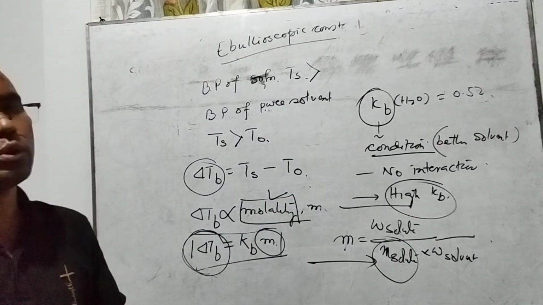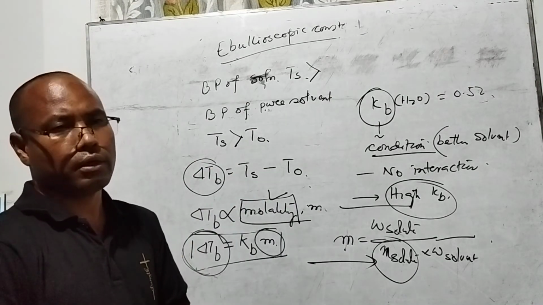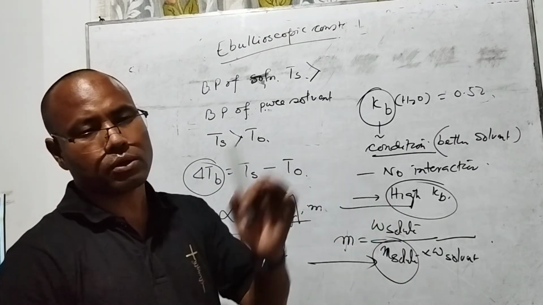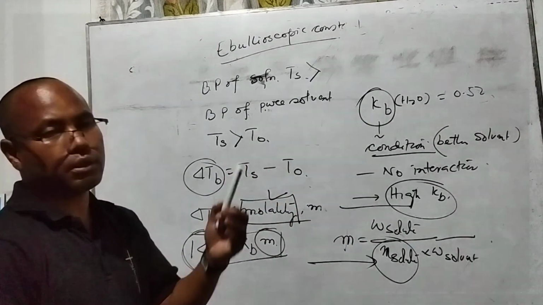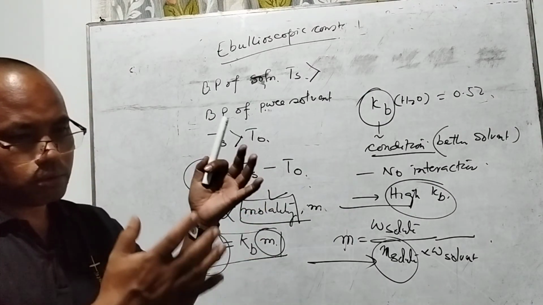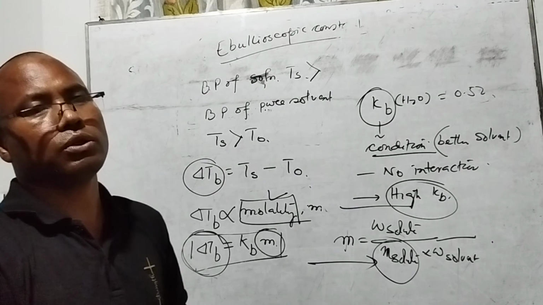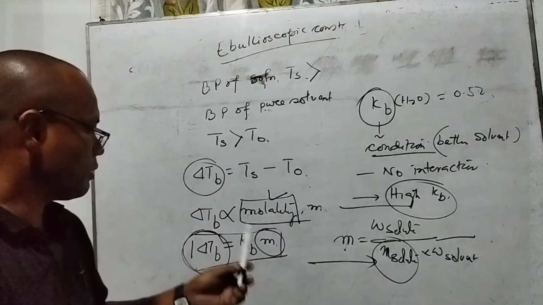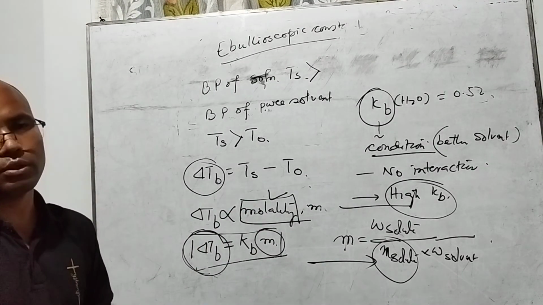Amongst them, benzene has a high Kb value compared to water, and cyclohexane also has a very high Kb value compared to water. So those liquids having the highest Kb value can be used as the better solvent in order to determine the delta Tb as well as the molecular mass of the solute.